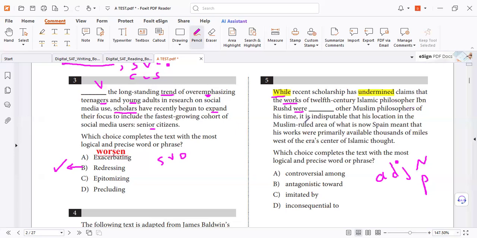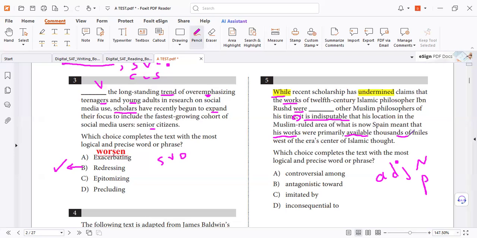While, that's opposite, it is indisputable. Dispute, disagree; it's proved, it's certain that his location in the Muslim ruled area of what is now Spain meant his works were primarily available thousands of miles west of the epicenter of Islamic thought.